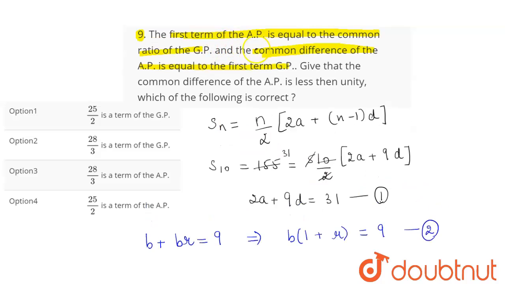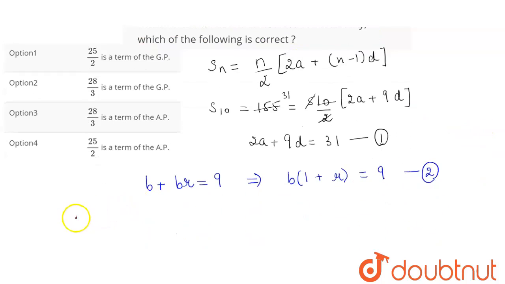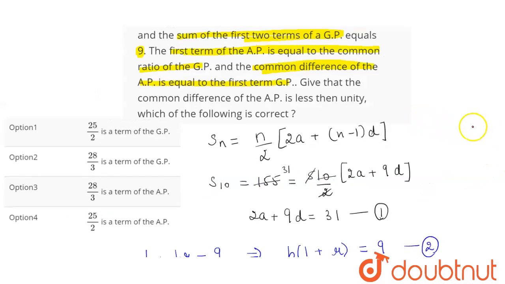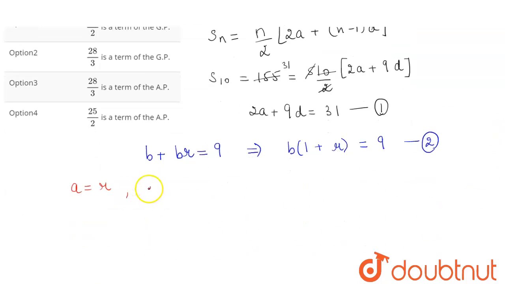Now the question also says that the first term of the AP is equal to the common ratio of the GP, which means a = r, and the common difference of the AP is equal to the first term of the GP, which means d = b.